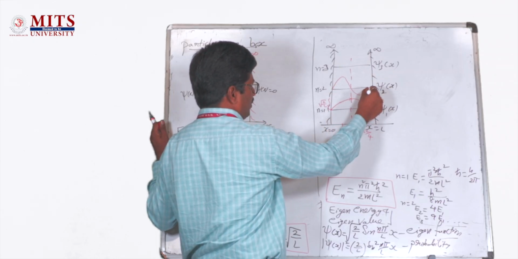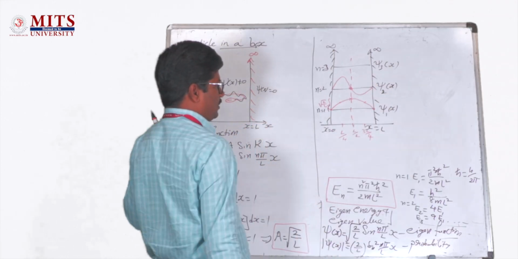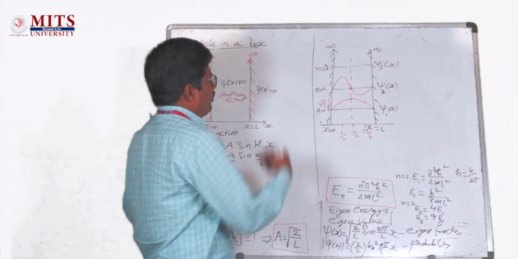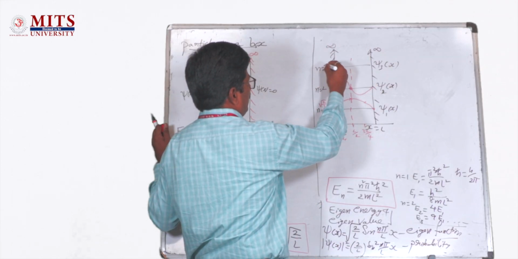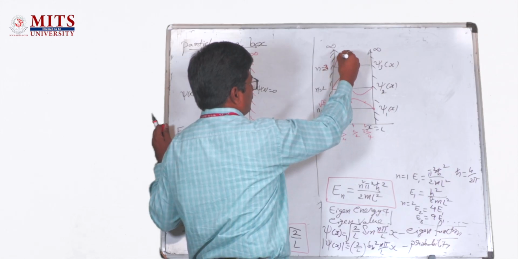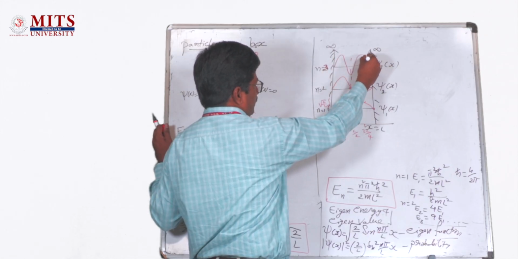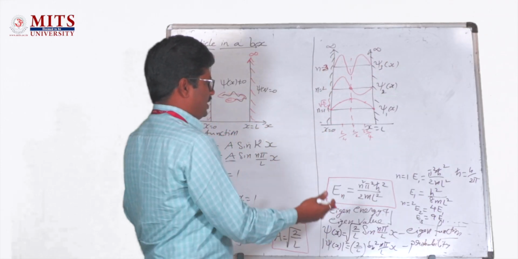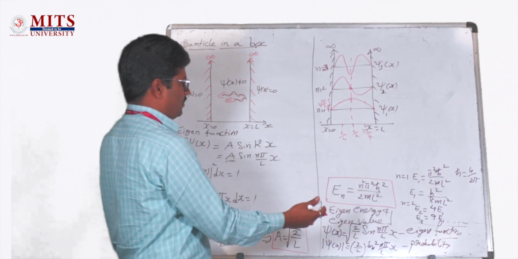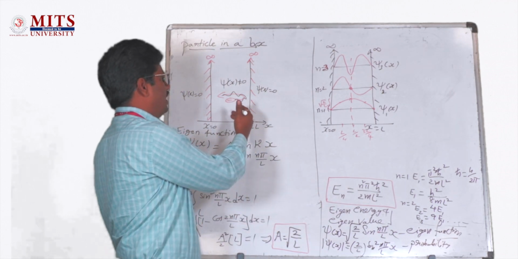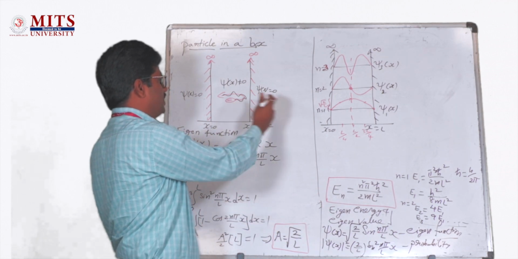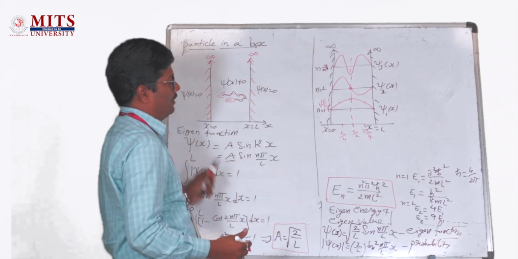At x equal to L by 2, it will be 0. And if you go to n equal to 3 and draw this, you will have something like this. So based on the energy E1, E2, E3, this particle will have the wave function which is shown like this.